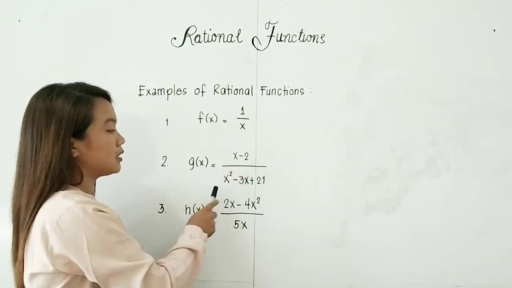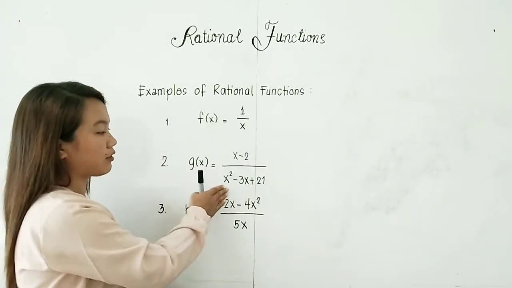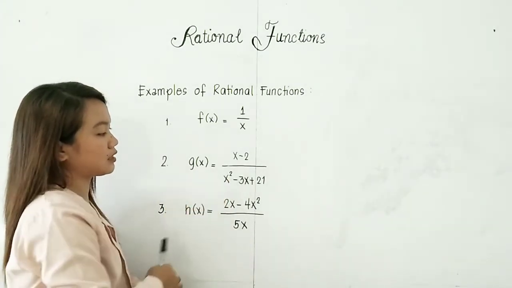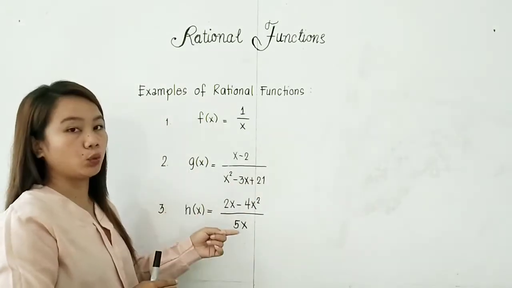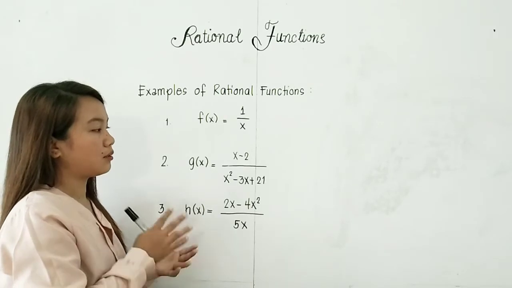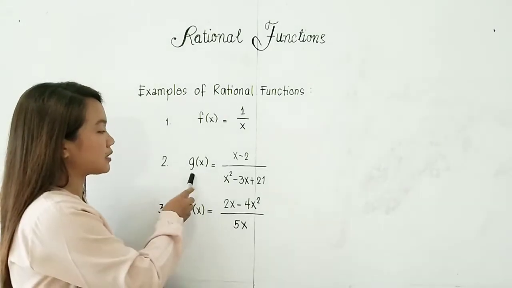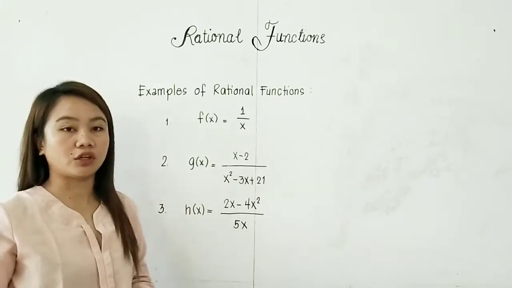So this is correct. Next, for the denominator, we have here a quadratic function because the highest exponent here is 2. So linear function and quadratic function are both polynomial functions. So we can say that g of x is a rational function.